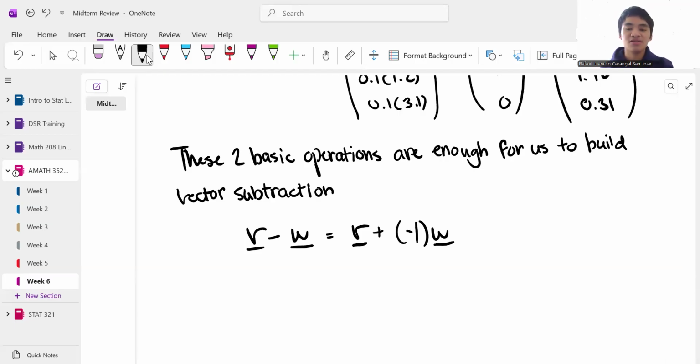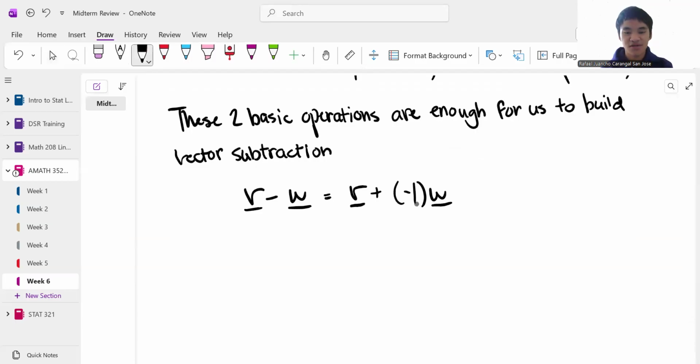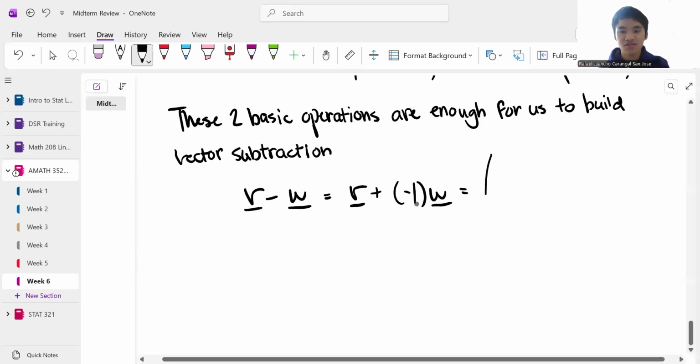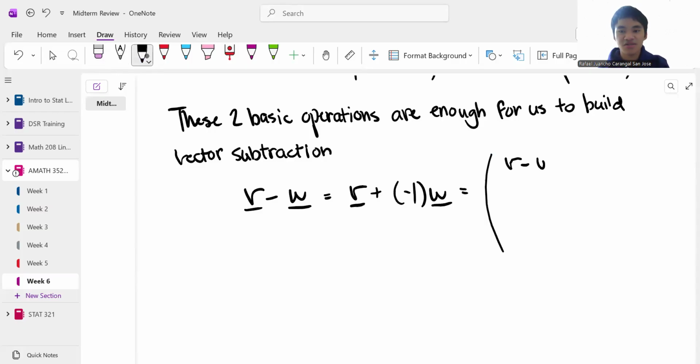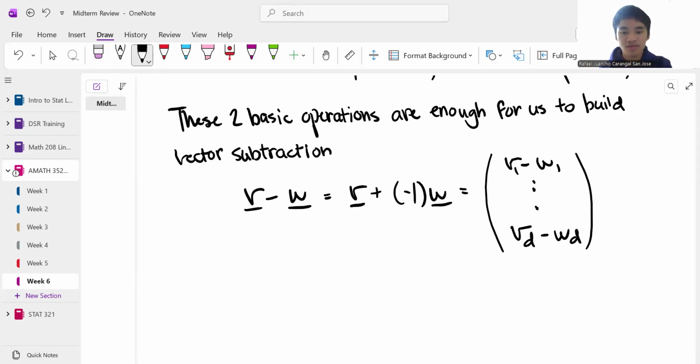So here we combined scalar multiplication and vector addition to get vector subtraction. So this is just the same thing as v minus w, where we're doing it to all of the components, v_1 minus w_1, all the way to v_d minus w_d. So that's how we build off of what we've learned, and now we have vector subtraction.